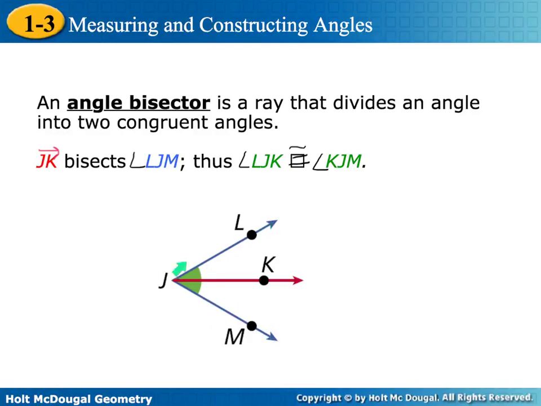This blue angle was given to us to be the main angle. This red ray is the bisector. And since it's bisecting an angle, we call it an angle bisector. So this blue gets cut up into two green pieces by this red piece. So where the blue comes to the red, this is going to be equal to where this other blue goes to the red.